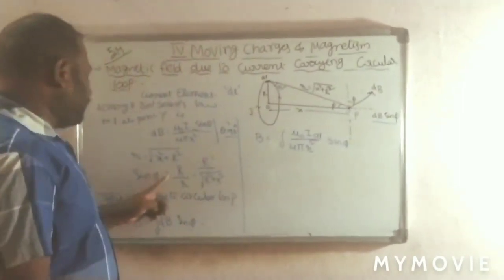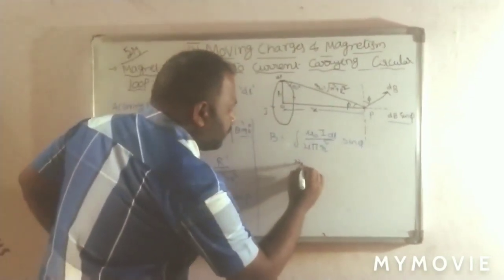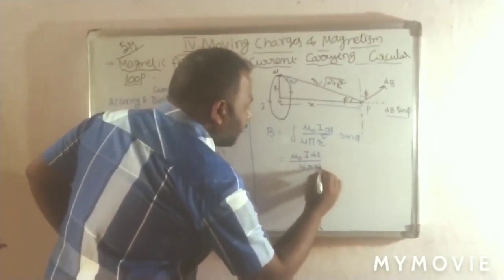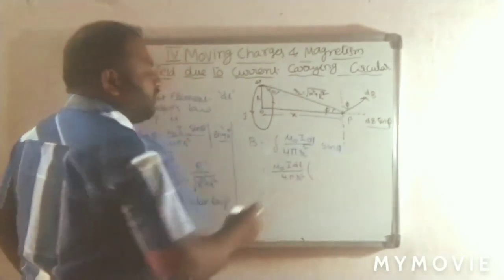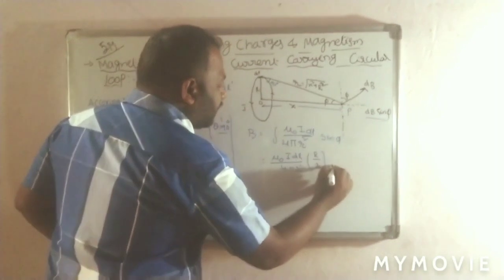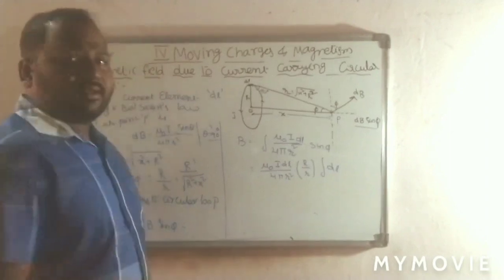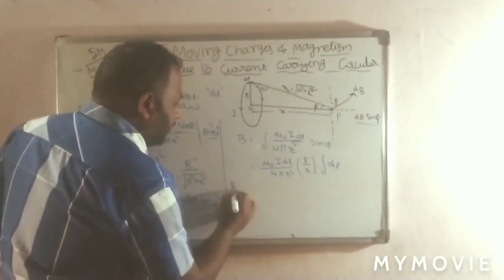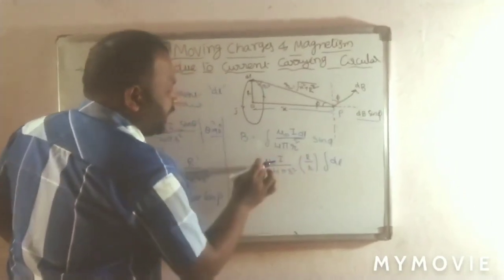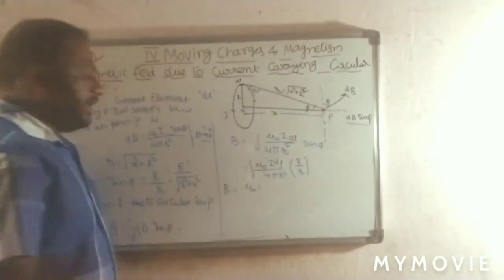Sin phi is nothing but capital R by small r, substituting that here: mu naught I dl by 4 pi r square into capital R by small r, integral dl, because all of this is constant and only the length varies. So here we take the integration for dl.